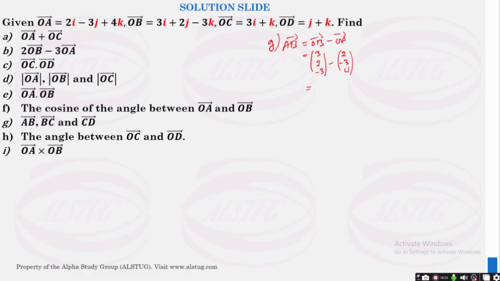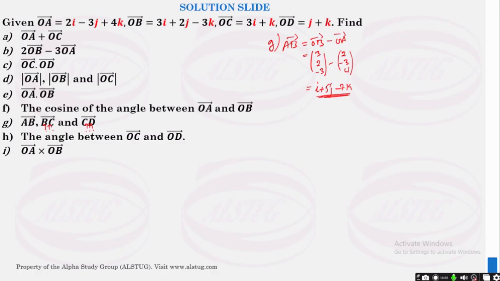So this will give us 3 minus 2, that's 1, so we have I. 2 minus negative 3, that's 2 plus 3, 5, so we have plus 5J. Negative 3 minus 4, we get negative 7, so minus 7K. You are going to do BC and CD. It's going to be the same thing: OC minus OB, OD minus OC. I've practically done it for you.